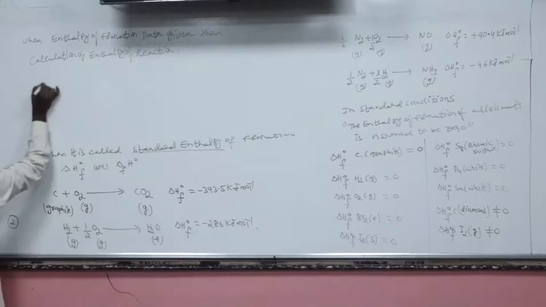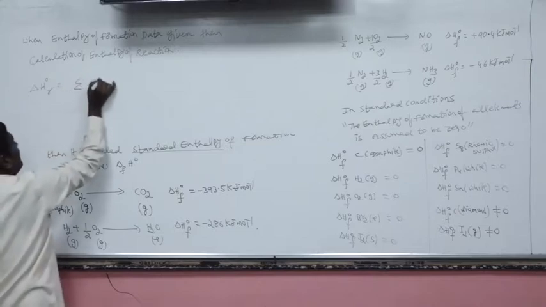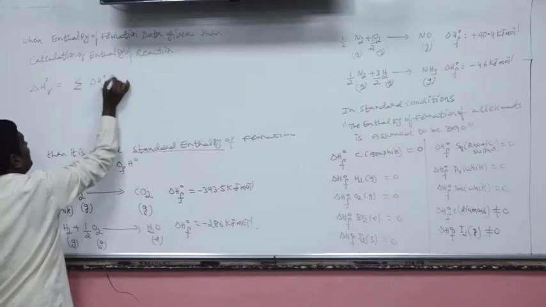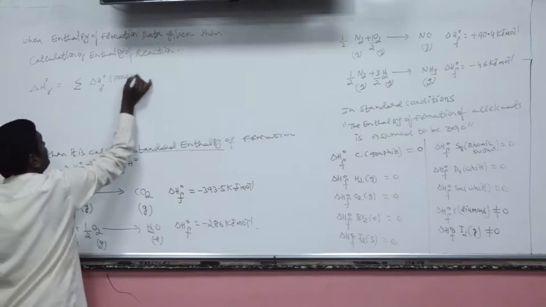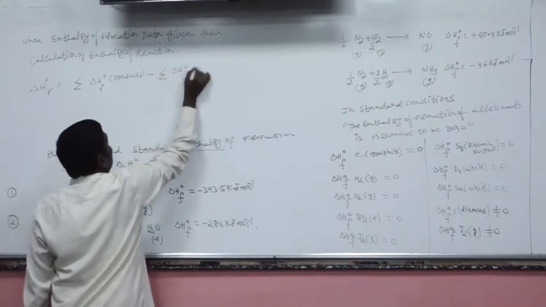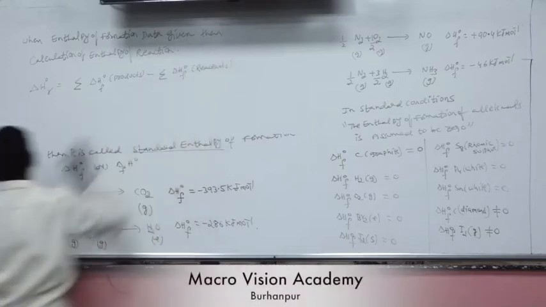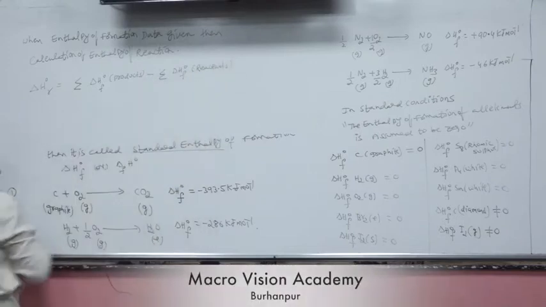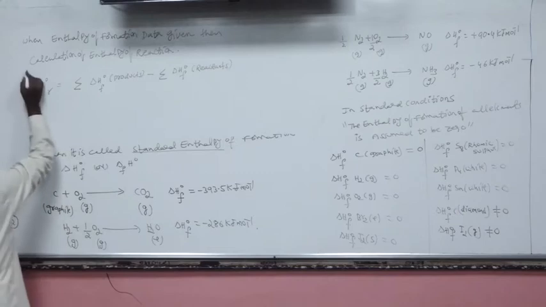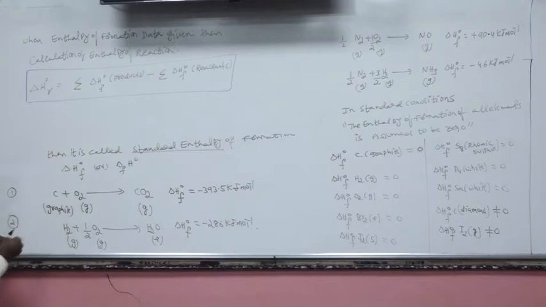Basically, the enthalpy of reaction in standard condition is the algebraic sum of the enthalpy of formation of products minus the algebraic sum of the enthalpy of formation of reactants. This is the first formula we use in thermochemistry.